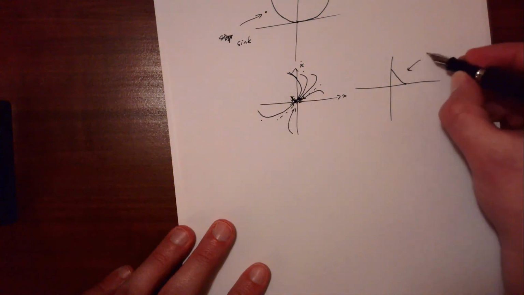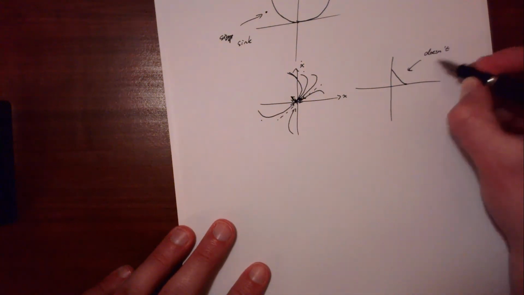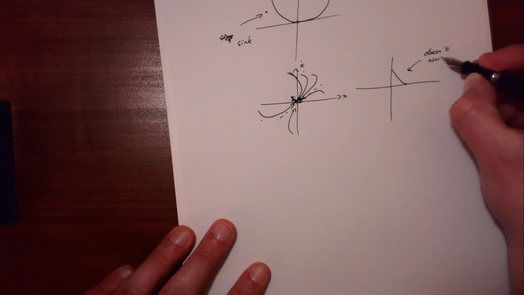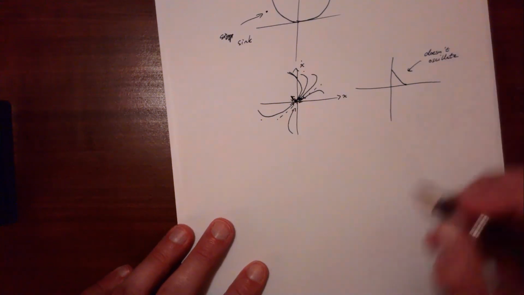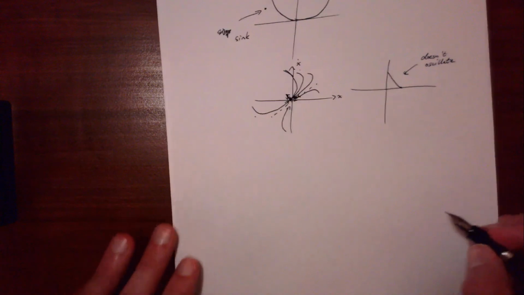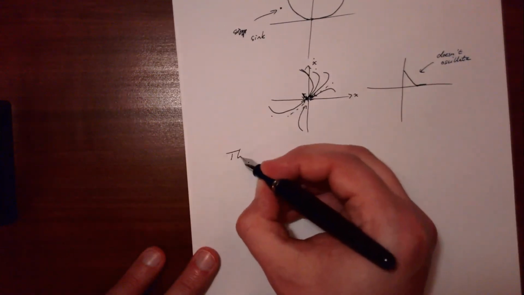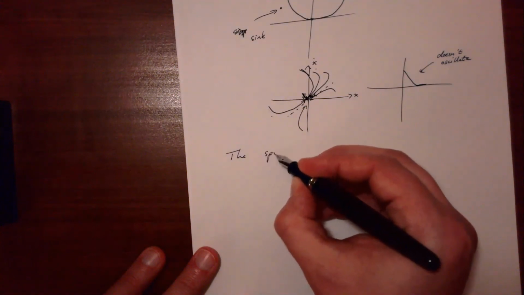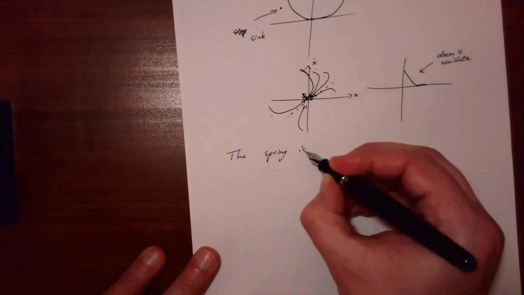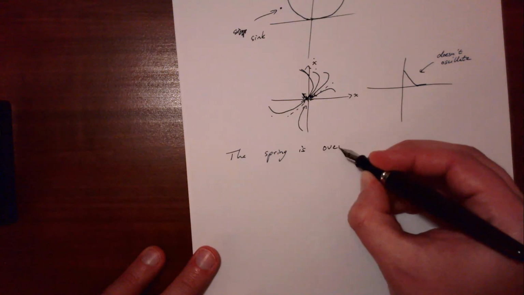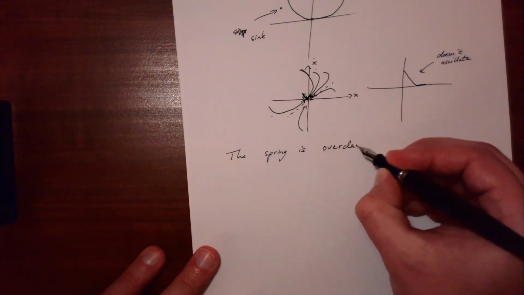So it doesn't oscillate. It just exponentially decays down towards 0. So this is a case of an overdamped spring.